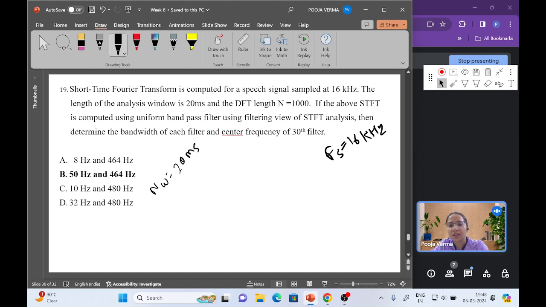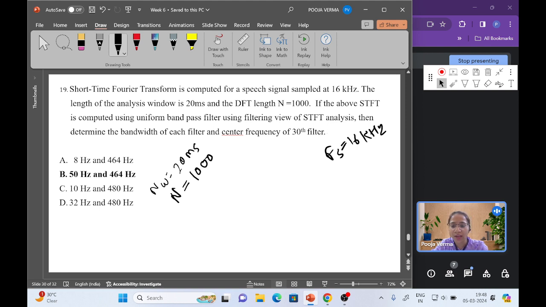And the length of the DFT is 1000. If the above STFT is computed using a uniform band pass filter bank, using the filtering view of the STFT analysis, then determine the bandwidth of each filter and the center frequency of the 30th filter.